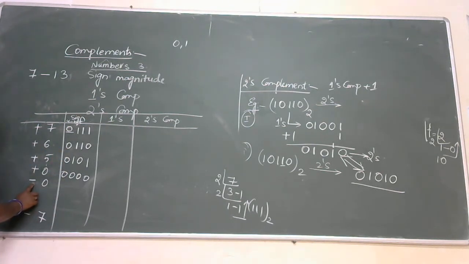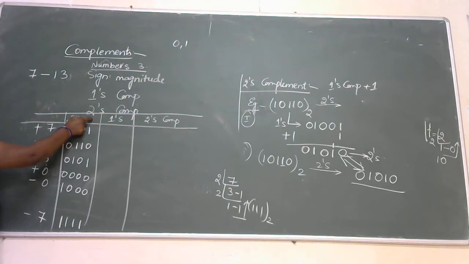Here, as it is minus 0, I am representing it as 1 followed by triple 0. Similarly, 7 magnitude is triple 1, and as it is a negative number, the sign bit is 1. This is how to represent sign magnitude.